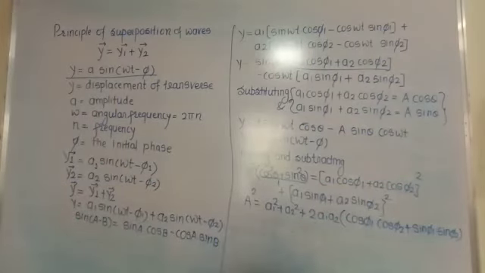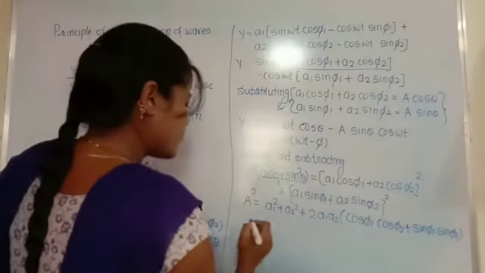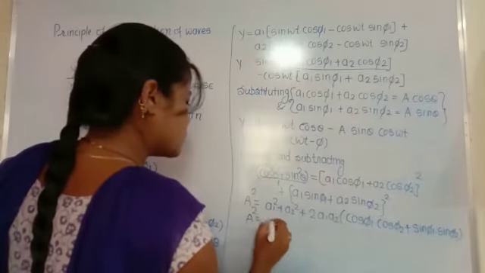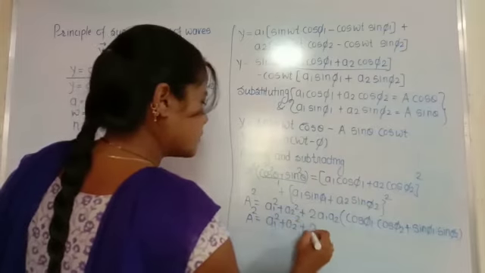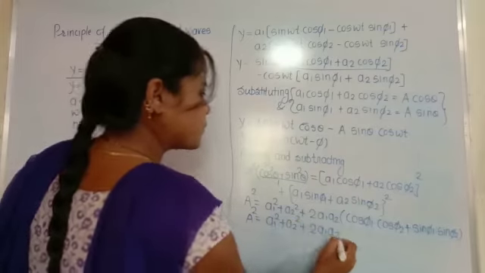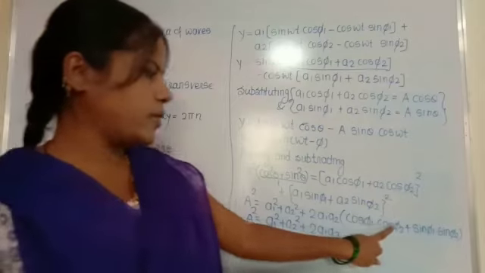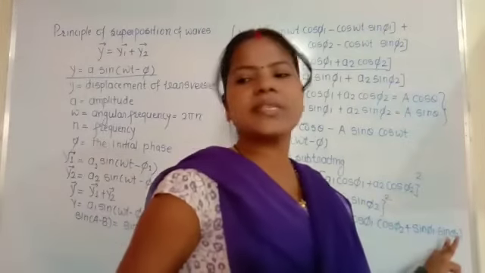Okay, and after this, capital A square is equal to a1 square plus a2 square plus twice a1 a2 into cos of phi1 cos of phi2 plus sin of phi1 sin of phi2.